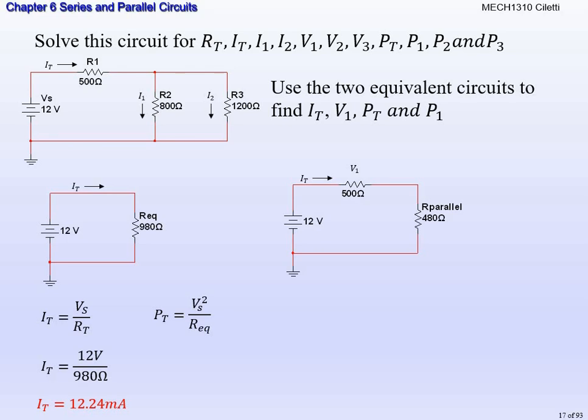But since we know the total voltage source, it's 12 volts, and we know the total resistance for this circuit after doing the series parallel combination calculation is 980 ohms, we're actually able to find the total power using Watt's law that incorporates voltage and resistance of V squared over RT. So we're going to have 12 squared divided by 980, or the total power for this circuit is 146.93 milliwatts.